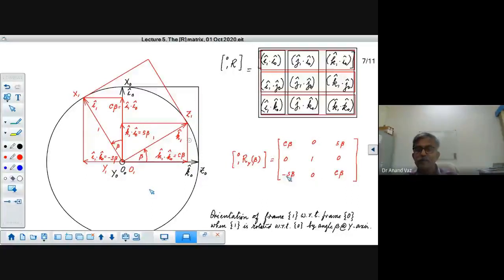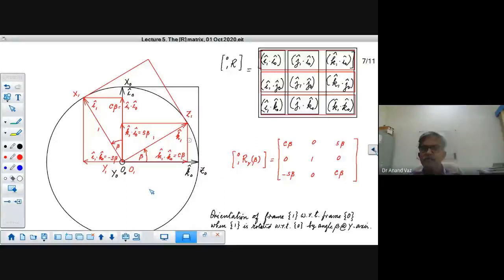But here you have minus sin beta and not sin beta. You have minus sin beta and here you have sin beta. So this is the orientation matrix for representing the orientation of frame 1 with respect to frame 0 when frame 1 is rotated with respect to frame 0 by angle beta about the y-axis.